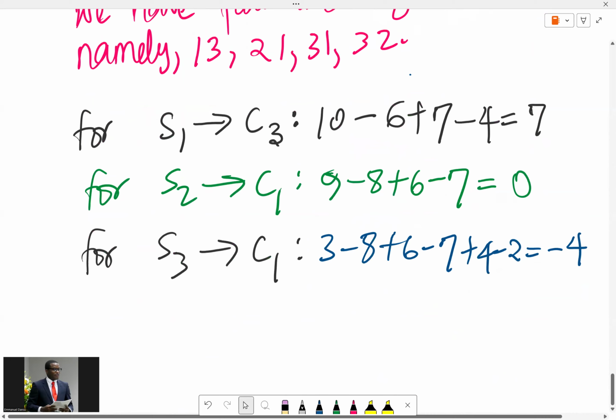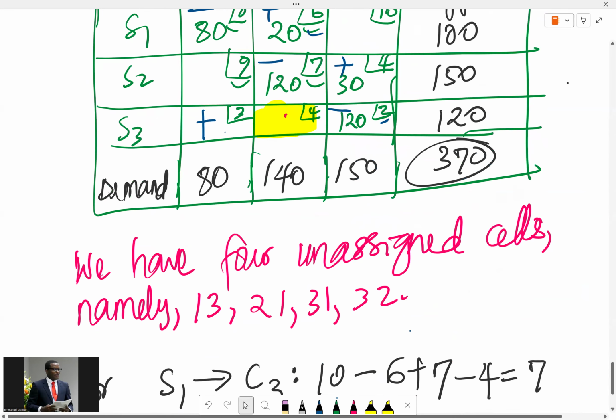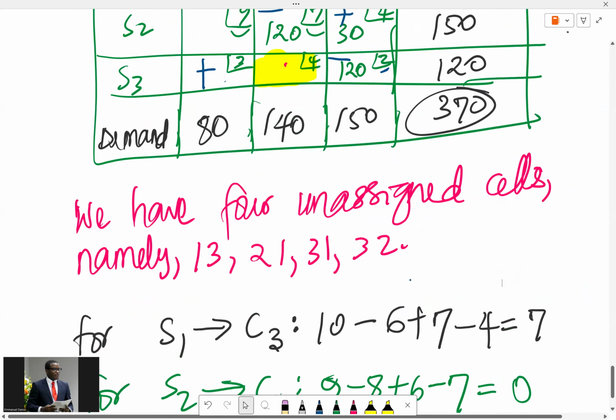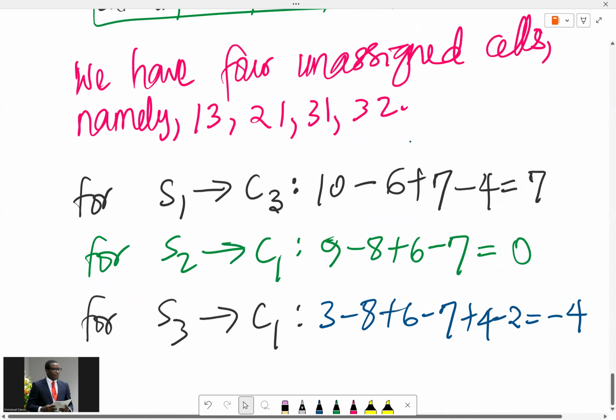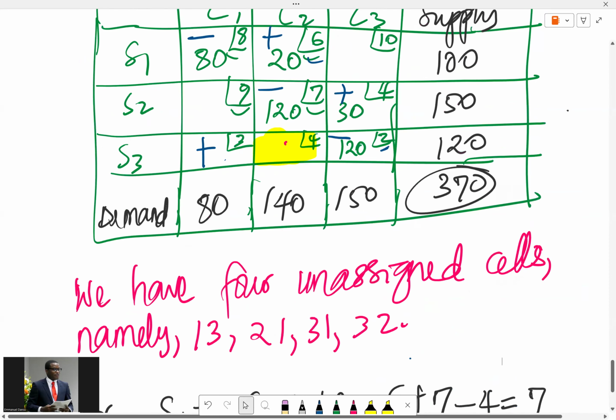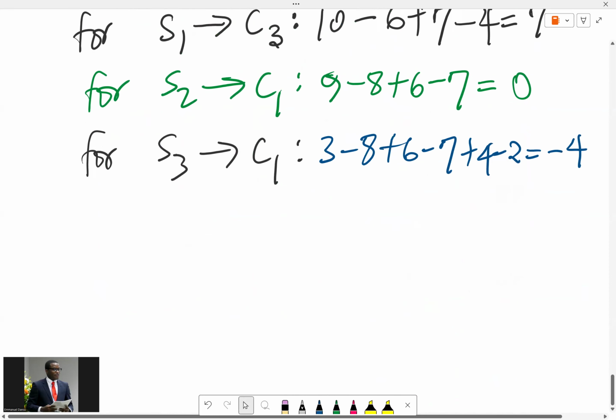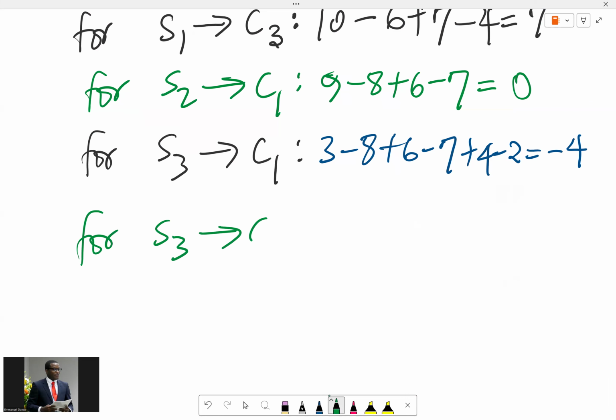So we have one more cell, which is this one now. Okay, I can leave what I had before. So we have this cell, the last cell now, that's S3 to C2, supplier 3 to consumer 2.